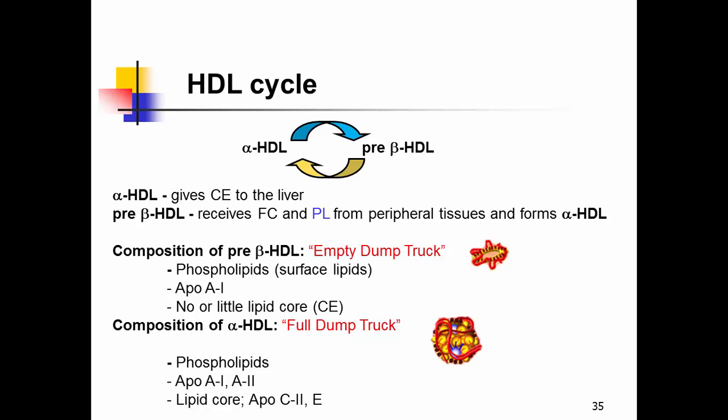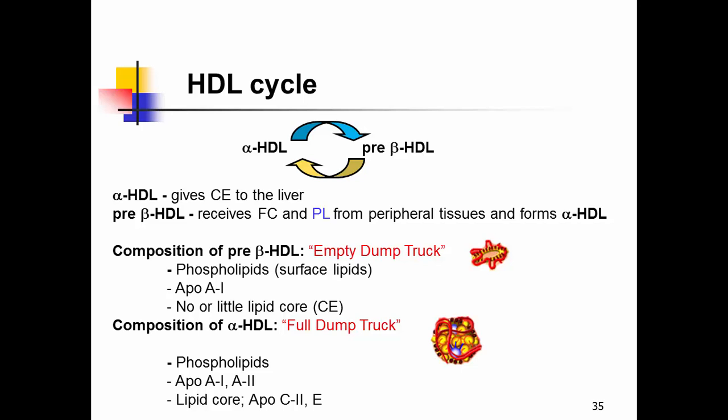So alpha HDL is called a full dump truck. That means it has almost a full load of cholesterol, right? You can see its size is much bigger compared to the beta HDL, right?